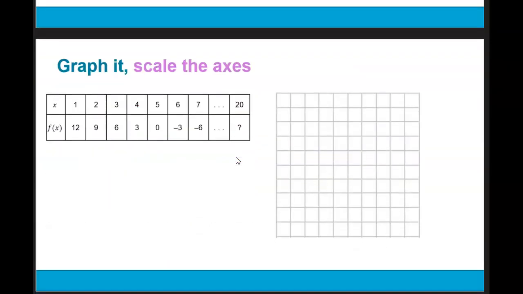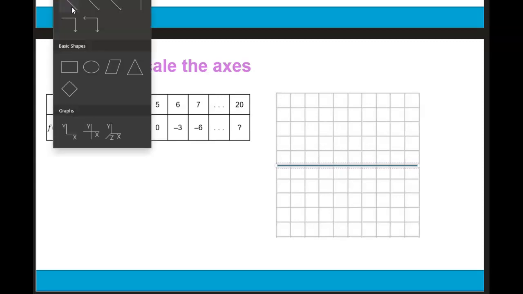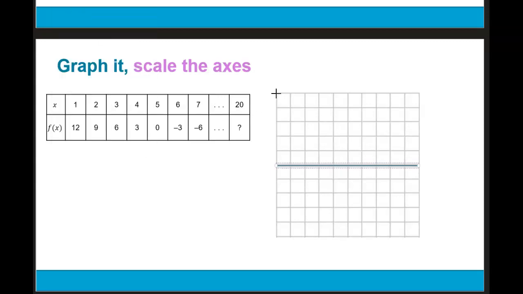So let's look at how we do that. First of all, I'm going to draw my axes on here. Maybe I'll put my x-axis right here, and my y-axis right here. Doesn't like to fit right on there, but you get the idea. That's where the y-axis is.